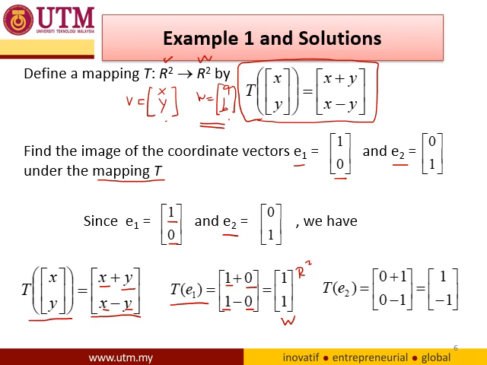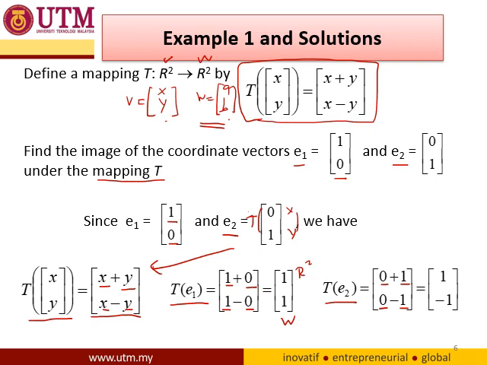What about E2? It is (0, 1). Same, this is your x, this is your y. If you look back at the transformation T(x, y), you will get T(E2) equal to x plus y, 0 plus 1, and x minus y, 0 minus 1.